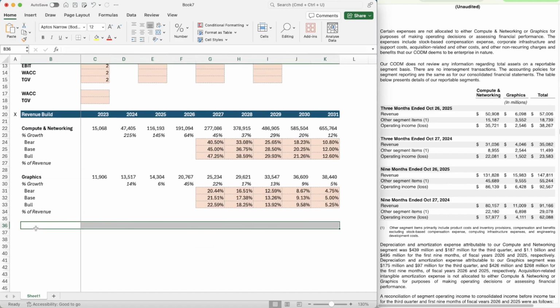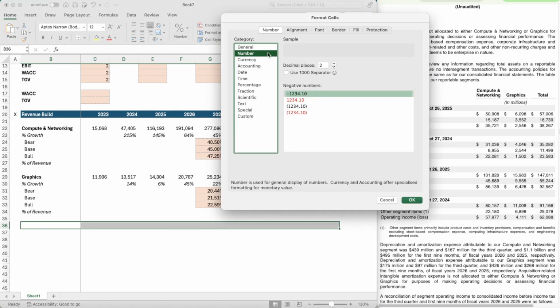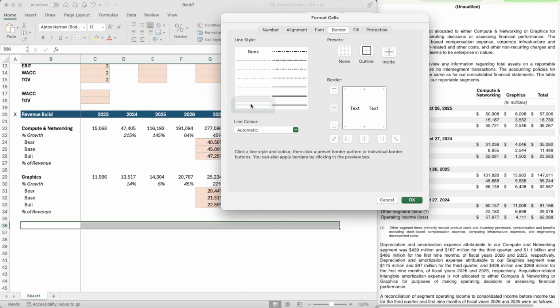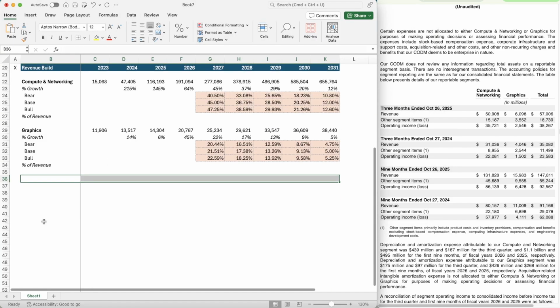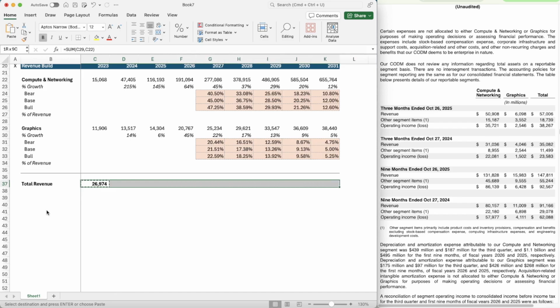Let's sum up all of the revenues to get a total revenue. So for the border, we just put a black line. Equals SUM. Fold it, pull it along.